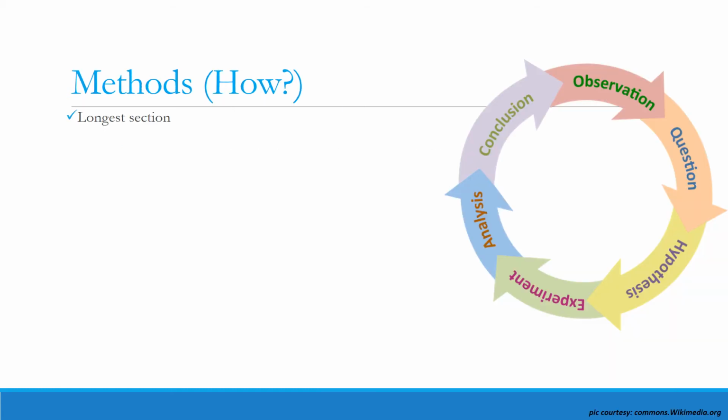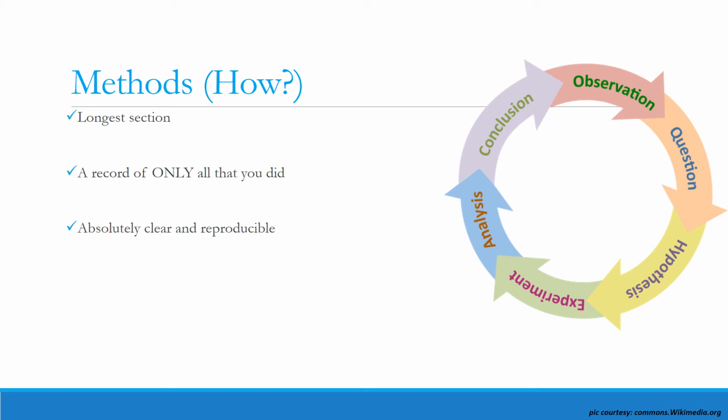Now, coming on to the methods section. This section answers the question how. So basically it is the longest section. It is a record of only and only all that you have done and not discussing any kind of result at any cost.